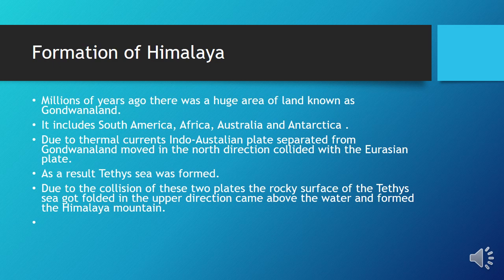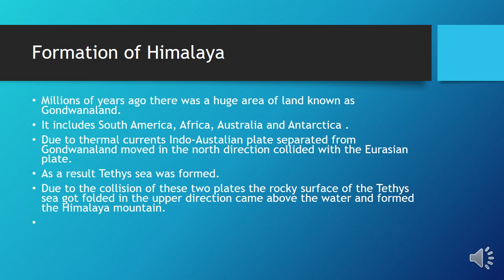Now we can learn how Himalaya mountains came into existence. Millions of years ago, there was a huge area of land known as Gondwana land. The Gondwana land included present day India, South America, Africa, Australia and Antarctica.